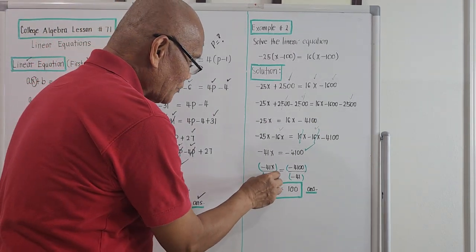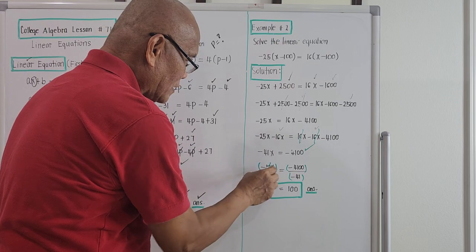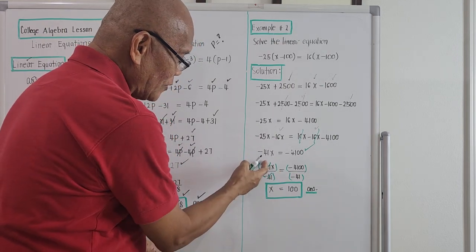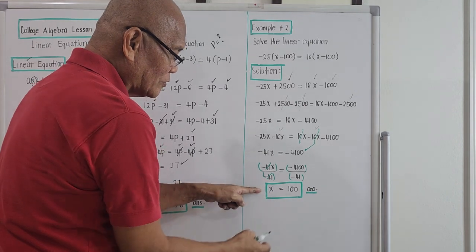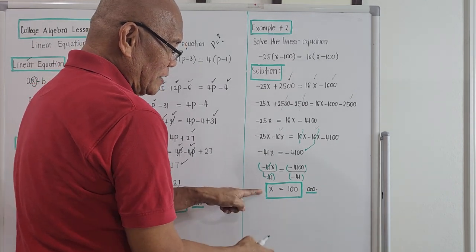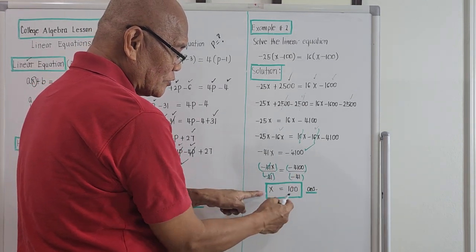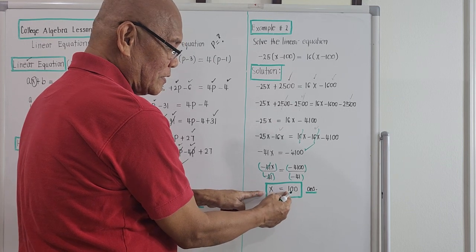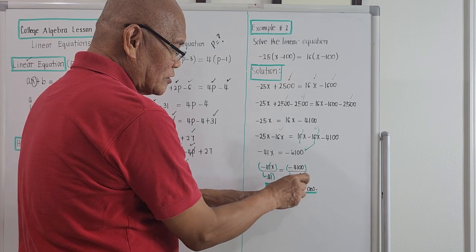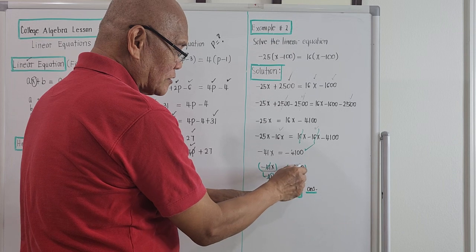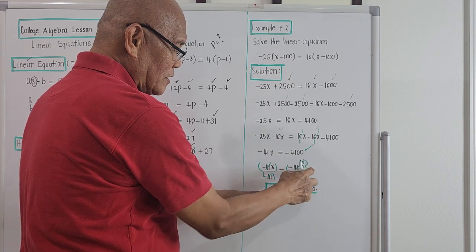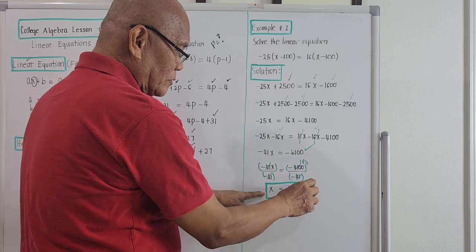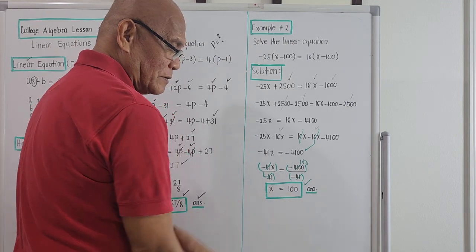So this negative 41 here cancels with this. Right? This is now 1, this is now 1. So what remains on the left will be x equal to. For the right hand side, this is a negative over negative, so the answer is positive. Okay? And this 41 here cancels with this. So there is a 100 that remains. So x now will be equal to 100, our answer.